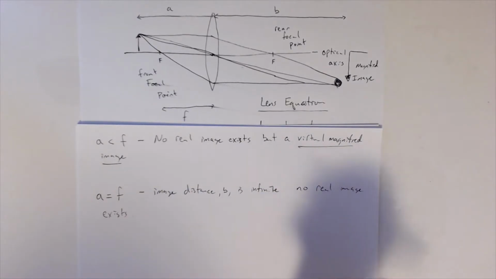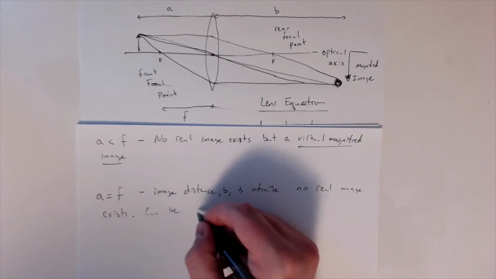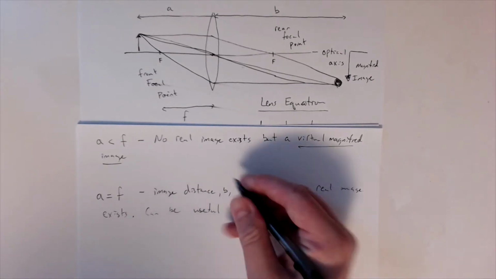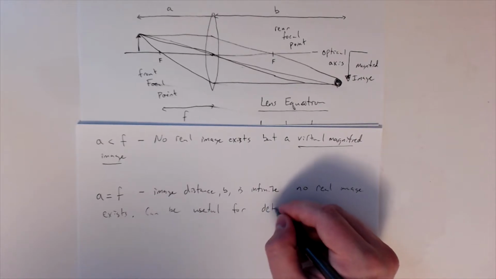However, this arrangement, even though we have no real image, can be useful. And what it's useful for is determining the focal length.